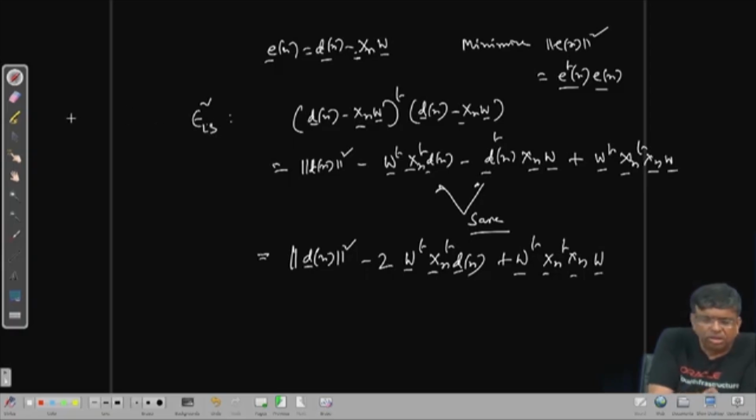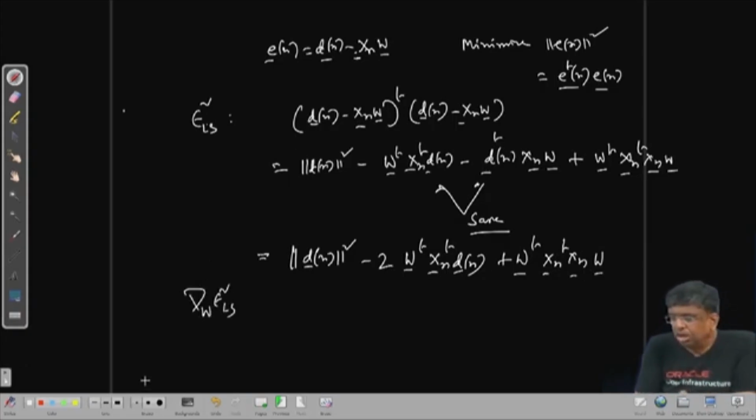I am not taking that 1 by n plus 1, because I am taking it on the numerator. So, therefore, if I take the gradient of this, I have to minimize it, right. So, we all know w transpose, this is a column vector, xn transpose is a matrix times dn is a column vector.